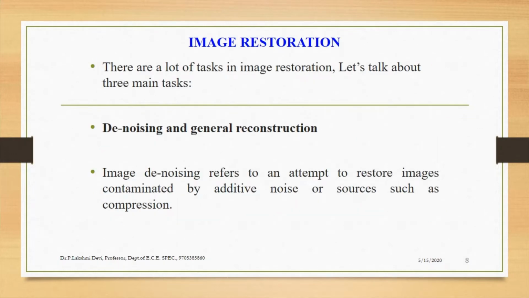There are a lot of tasks in image restoration. Let's talk about three main tasks. The first one is denoising and general reconstruction. That means once the image is affected with noise, whatever methods we apply through this image restoration process, our main target at that moment is denoising the original image, and then we can definitely observe improved quality on the processed images.